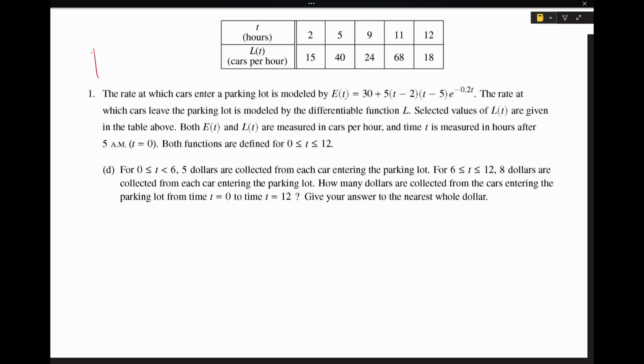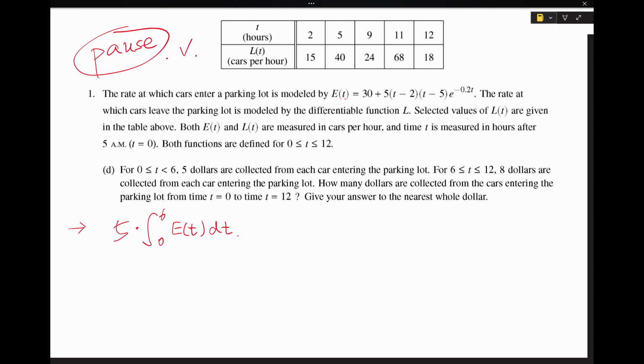Okay, first please pause to have a look at this question. Based on the information from this question, we know that the number of cars entering the parking lot from time 0 to time 6 would be like this. And it costs $5 for each car.